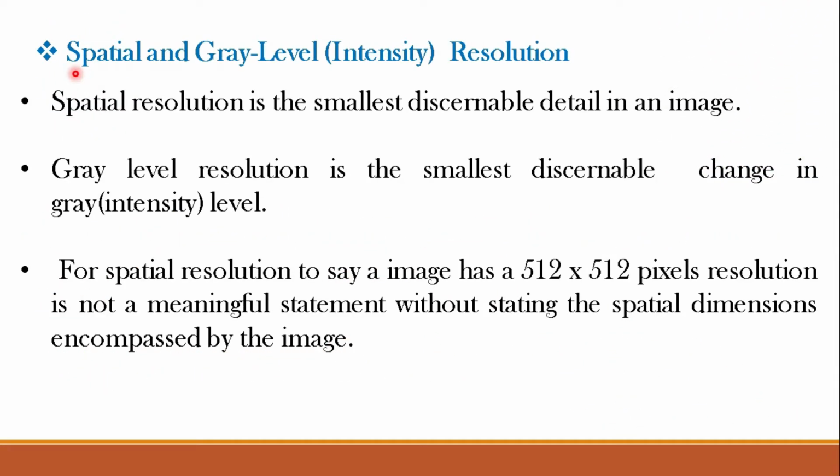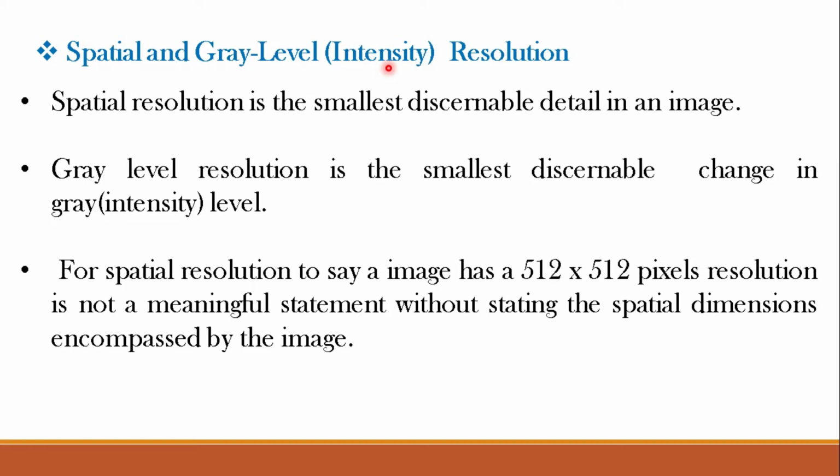As we have already understood in the previous class, spatial resolution is related to sampling intervals and sampling, and gray level resolution is related to quantization resolution. Inherently, spatial resolution is a measure of the smallest discriminable detail in an image. Mathematically, spatial resolution can be stated in a number of ways, with line pairs per unit distance and dots or pixels per unit distance being among the most common measures.